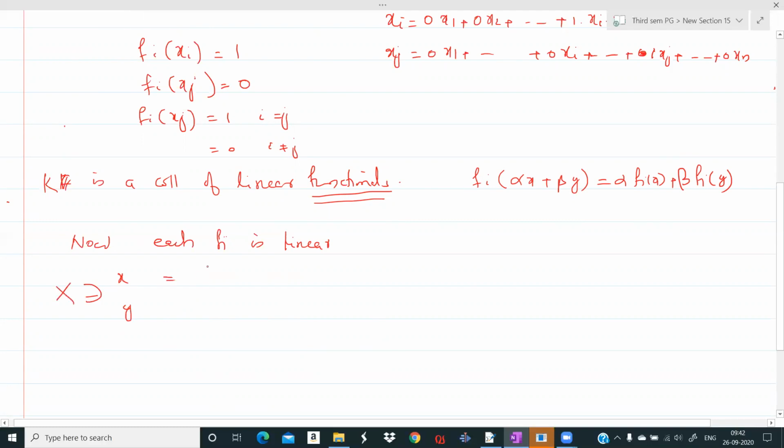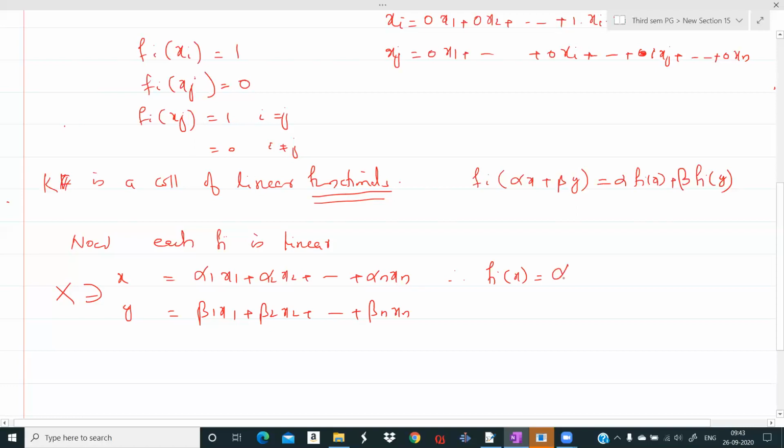So this x has a unique representation of the form alpha 1 x1 plus alpha 2 x2 plus etc. plus alpha n xn, and y has a unique representation beta 1 x1 plus beta 2 x2 plus etc. plus beta n xn. So by the definition of fi, fi of x is the coefficient of xi in the unique representation of x as a linear combination of x1, x2, x3, etc., xn.